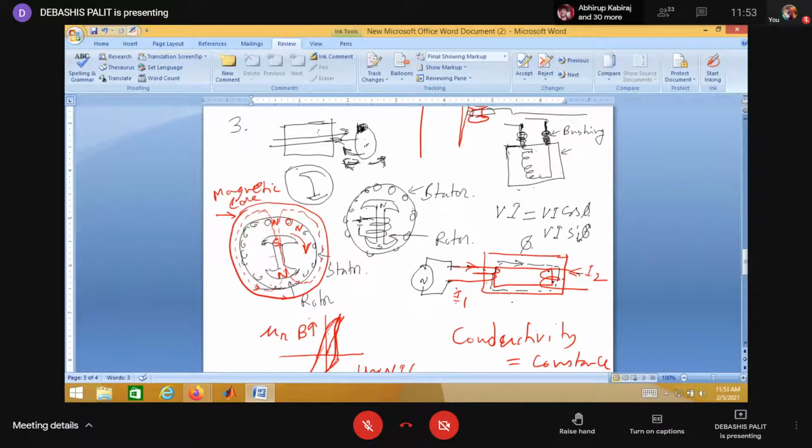Then the induced EMF is generated. According to Faraday's law of electromagnetic induction, because the flux is alternating in nature, there is a change of flux linkage, so induced EMF is created. Whenever induced EMF is created on the secondary side, you connect the load, and then current is drawn.